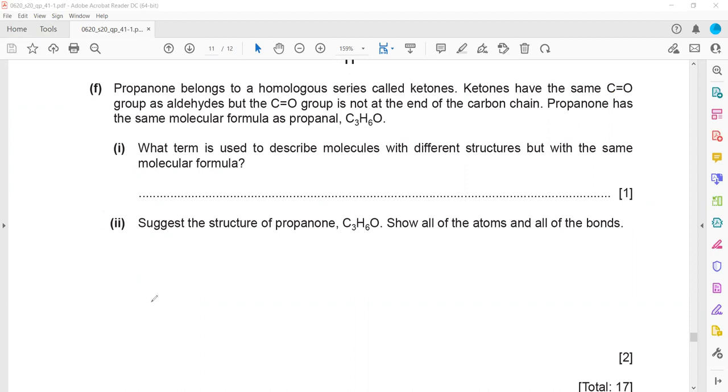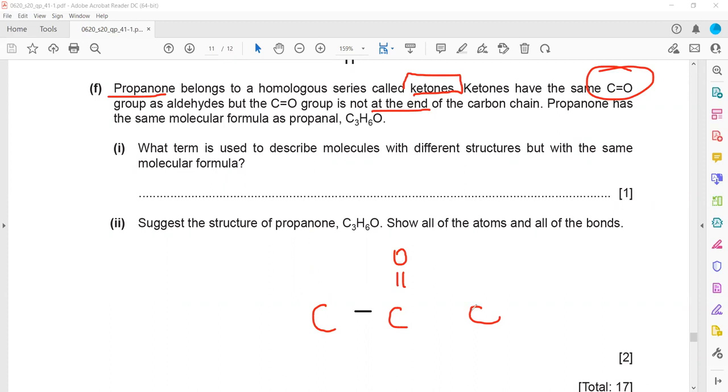Because we want to draw the structure of propanone, prop means 3 carbon atoms, so first we'll draw 3 carbon atoms. They mention propanone belongs to a homologous series called a ketone, with C double bonded with O, same as aldehyde, but that is not at the end. So the C double bonded with O cannot be with the left hand carbon or the right hand carbon. It is always at the center for ketones.